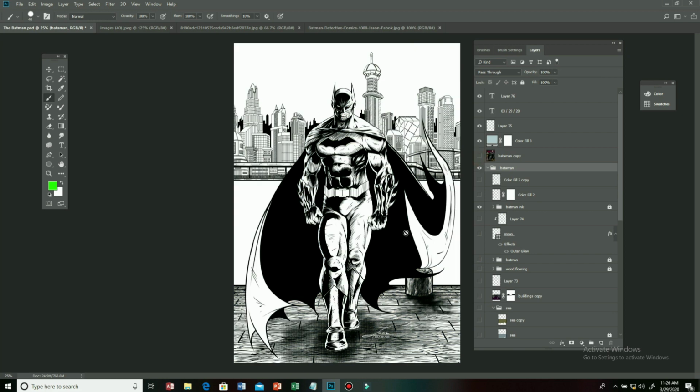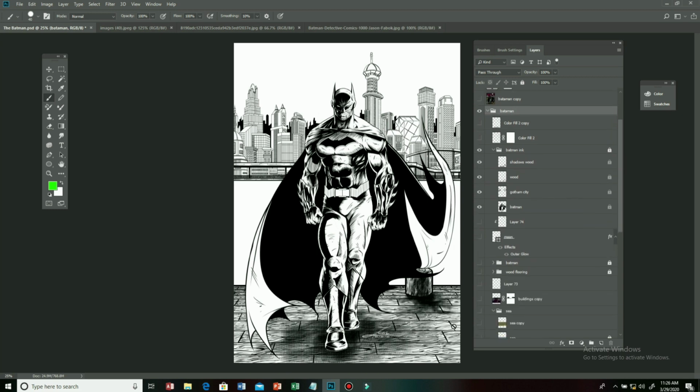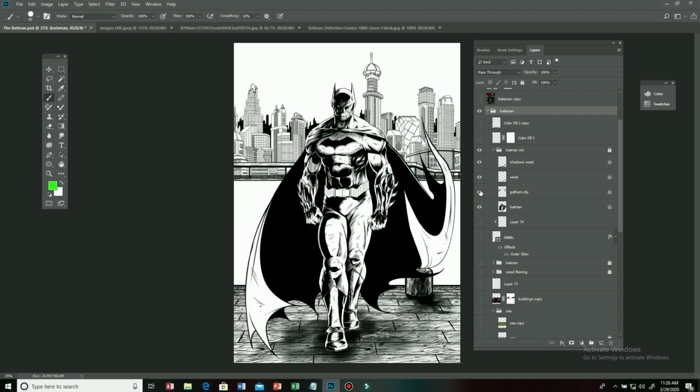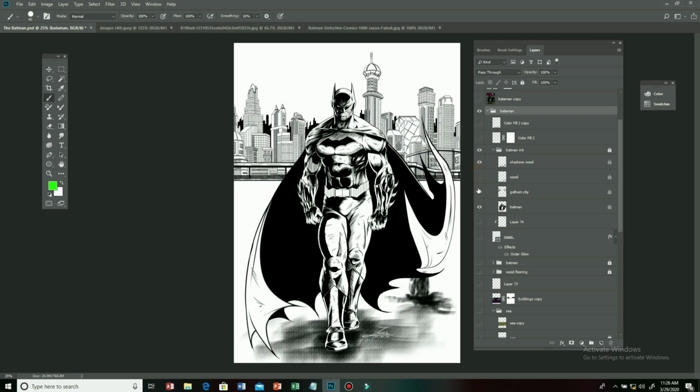So here's my line work, and I divided my piece into foreground, middle ground, and background. So here's my foreground, which is Batman, then the Gotham City as my background. Technically, you can do that in the colors.